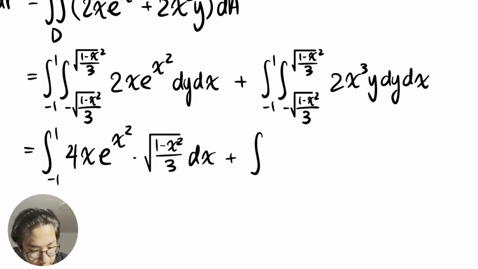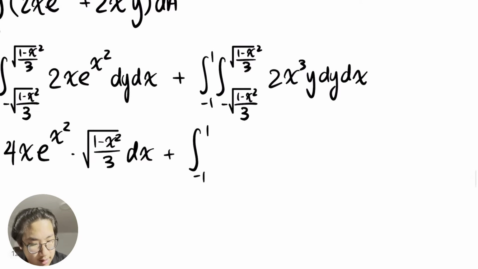Plus the integral from negative 1 to 1. Similar idea here, except now we have 2y, but it's convenient in the sense that we just get x cubed times y squared, evaluated at these 2 points.